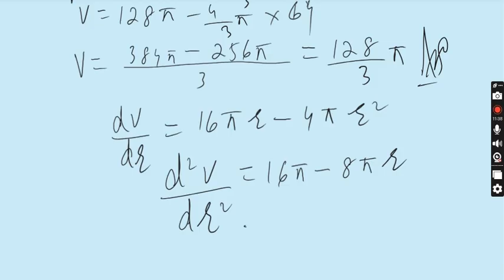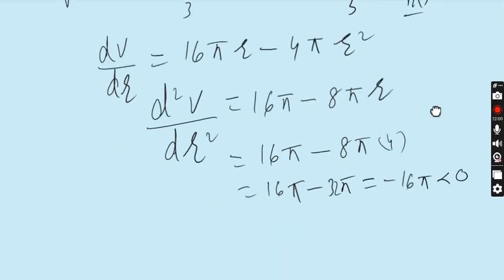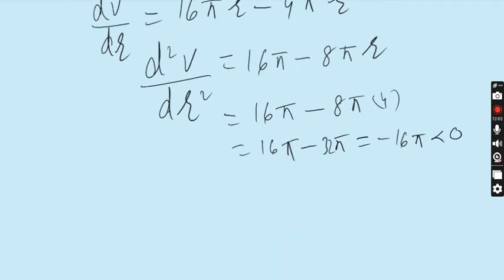Put the value r = 4 in this equation: 16π − 8π times 4. 8 times 4 is 32π. So 16π − 32π = −16π, which is less than 0. So the nature should be maximum.